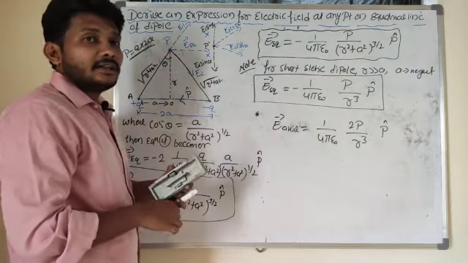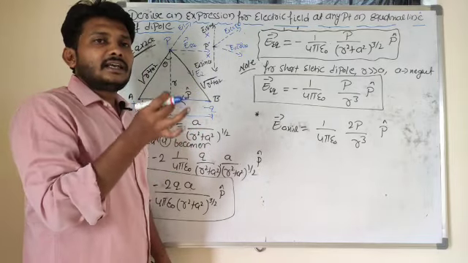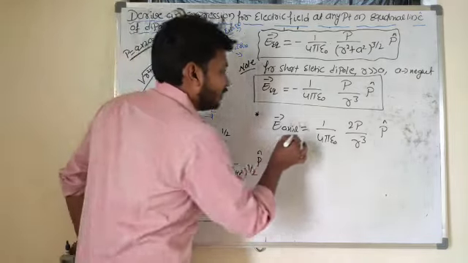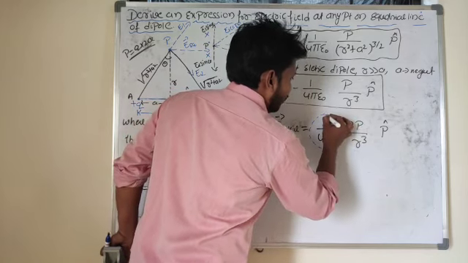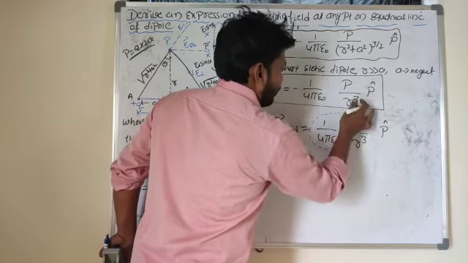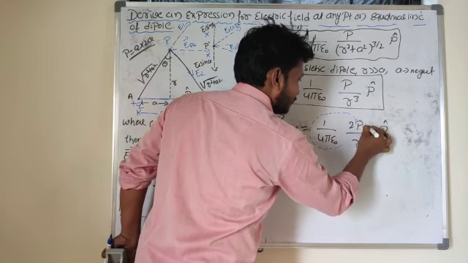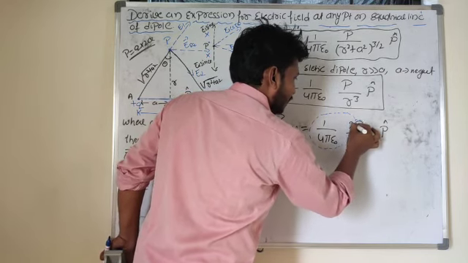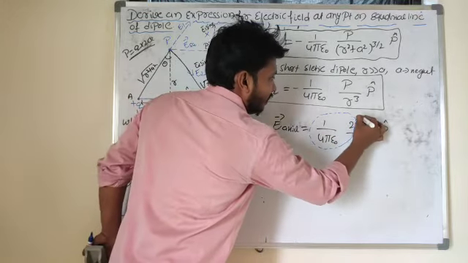Shall I give the relation between electric field at axial and at equatorial line? Look here, 1 by 4 pi epsilon naught p by r cube.